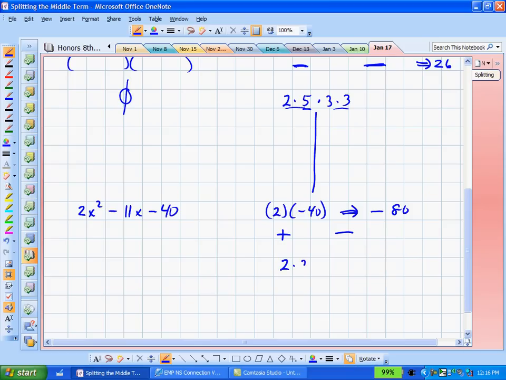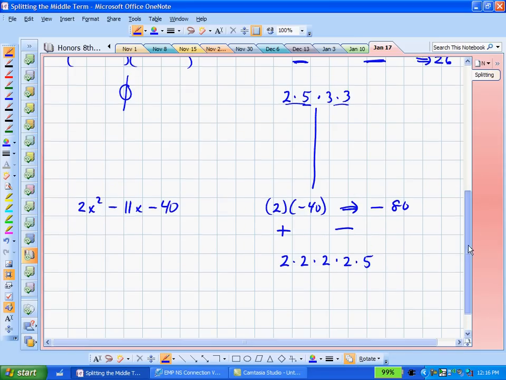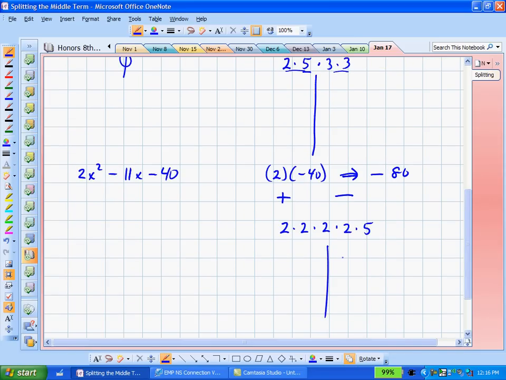2 times 40, which is 2 times 20, which is 2 times 10, which is 2 times 5. Right? And now let's split. We have to have them split into different signs, so they have to be different by 11. Well, 4 2's multiplied together is 16. And 5 are different by 11.